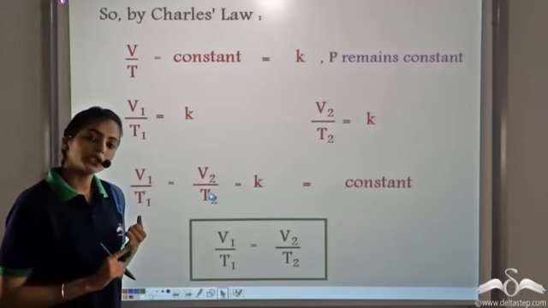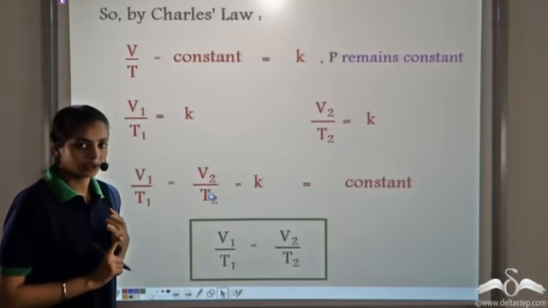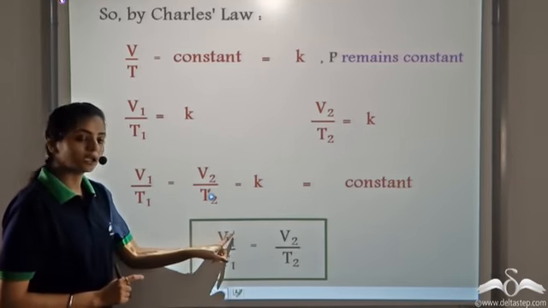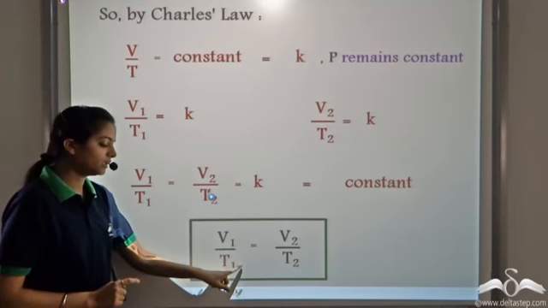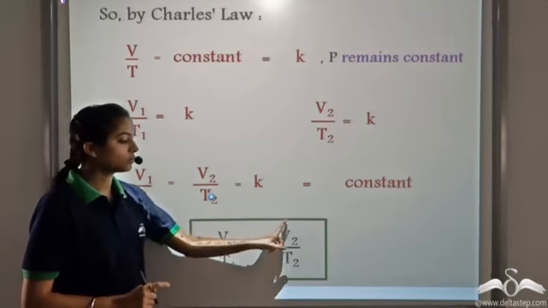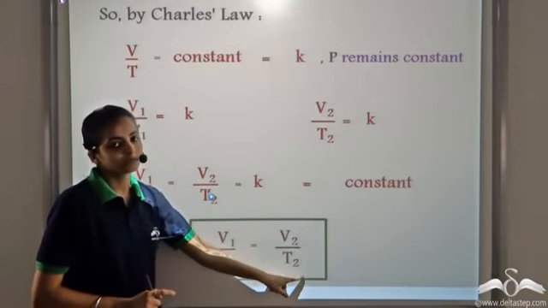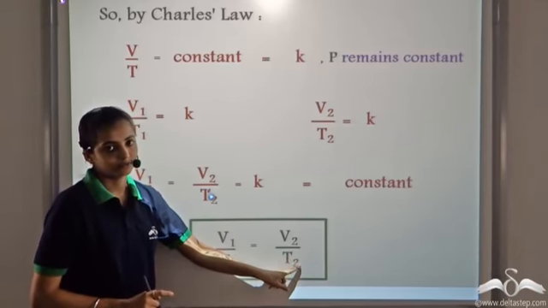This means for a particular gas at a constant pressure, the initial volume divided by its initial temperature is equal to the final volume divided by its final temperature.